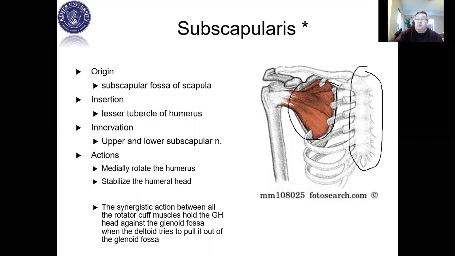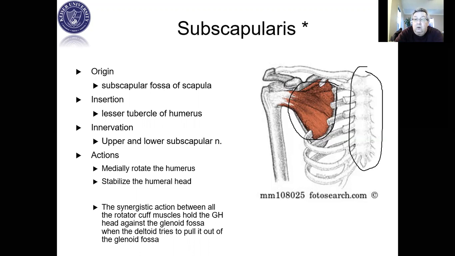Teres minor also does some shoulder adduction, bringing the arm back to its position. And subscapularis does internal or medial rotation of the humerus, or medial rotation of the scapula. I'm sorry, of the humerus. My apologies.